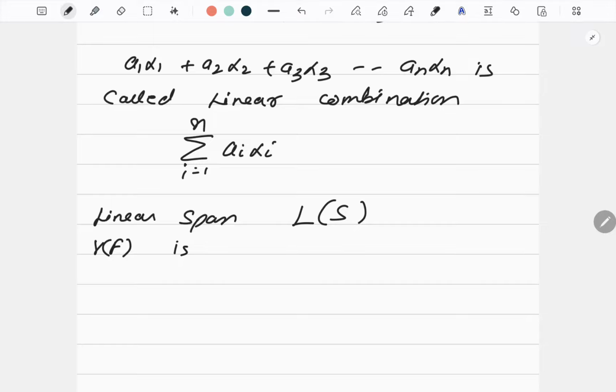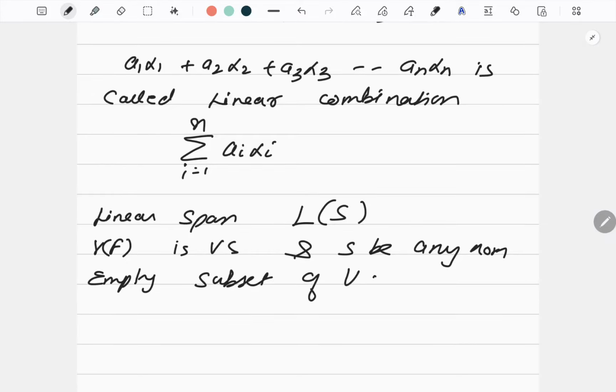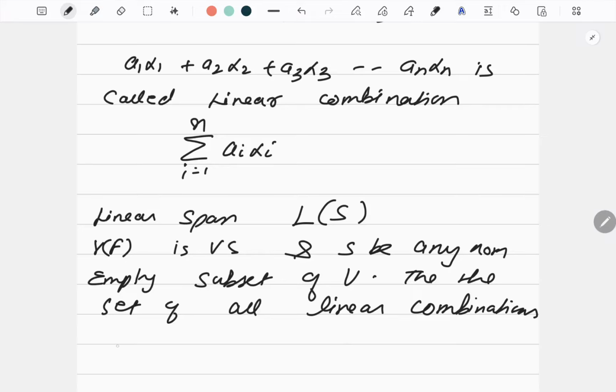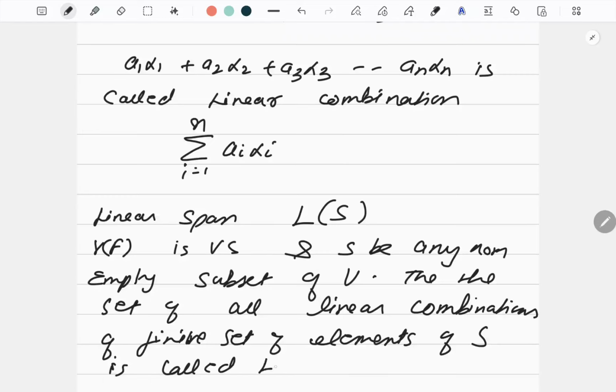Suppose V(F) is a vector space and S is any non-empty subset of V. Then the set of all linear combinations of a finite set of elements of S is called the linear span of S, which is denoted by L(S).